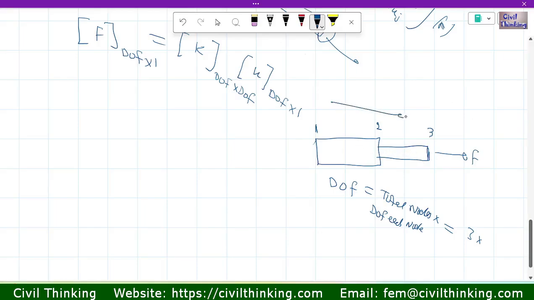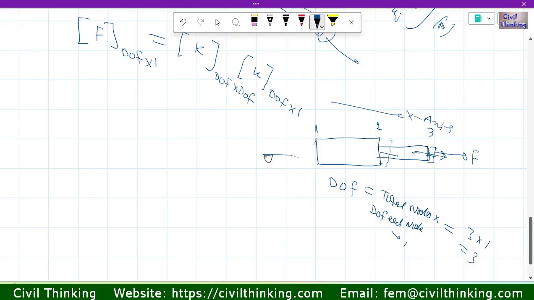For example, if it is the x-axis, the 3 nodes can only displace like this. Node 3 is here, maybe it can go here. Node 2 is here, maybe it can go here. So only along one axis there is degree of freedom, so the degree of freedom of each node is only 1. So 3 times 1 is 3.